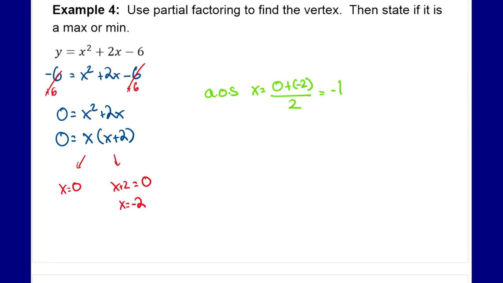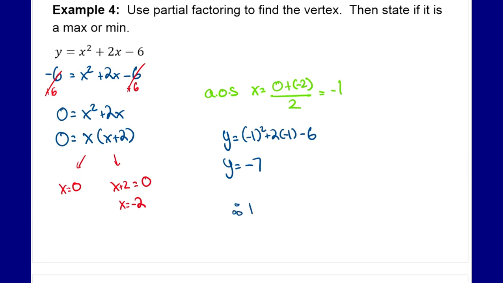I can then use this and substitute it back in. So y equals negative 1 squared plus 2 times negative 1 minus 6, and I get y equals 1 minus 2 minus 6, or negative 7.